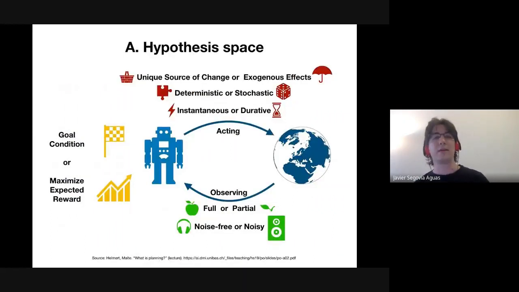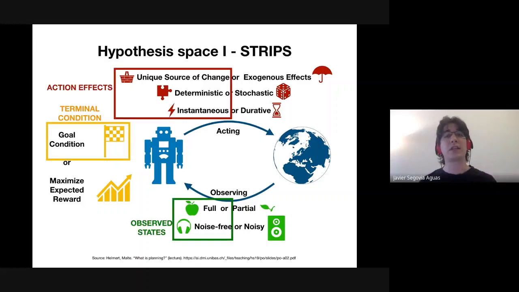So going back again to the same planning paradigm, which is the hypothesis space that we use? As we are using STRIPS, which is the most basic sublanguage of PDDL, we will use the same features: a unique source of change, deterministic, instantaneous, full, noise-free, and goal condition.